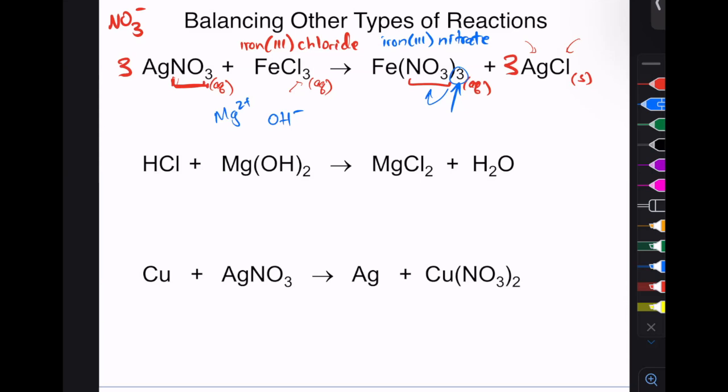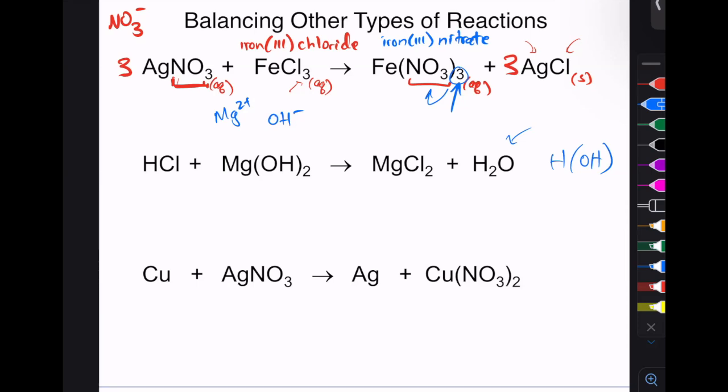Now, in this case, though, we don't have hydroxide ion on the right-hand side. So it's a little more confusing here. But think about water as just HOH. You'll see why I'm doing this when we get there in chapter 8. But that's H2O.